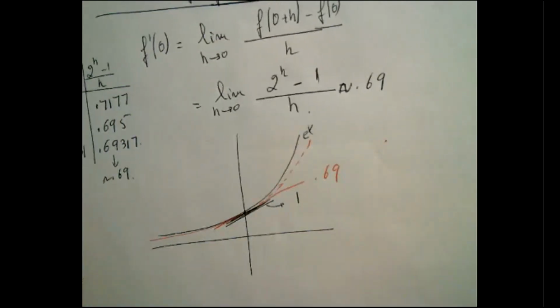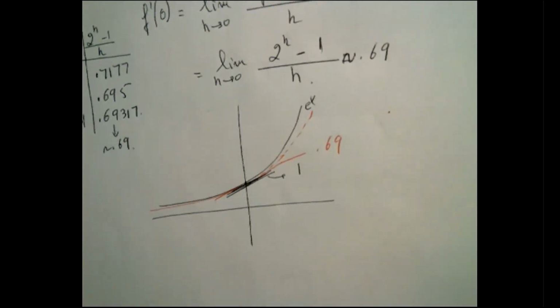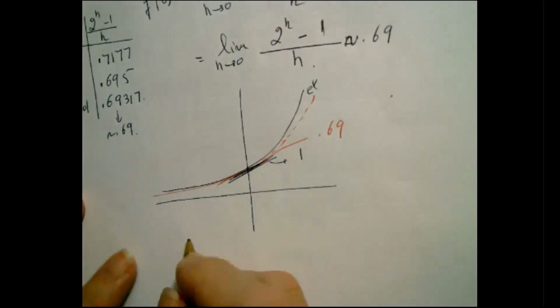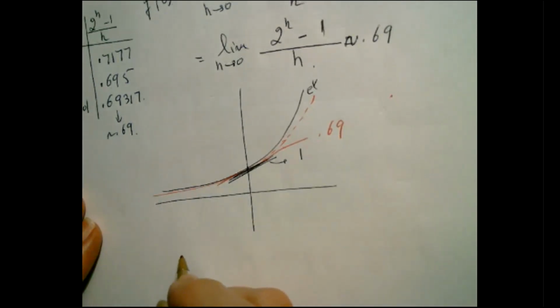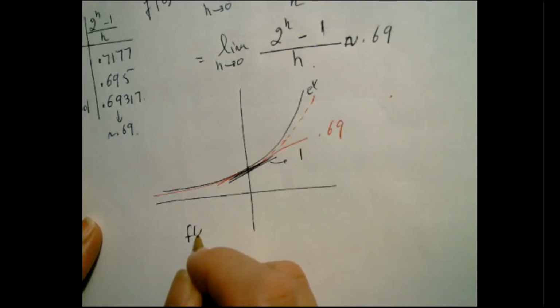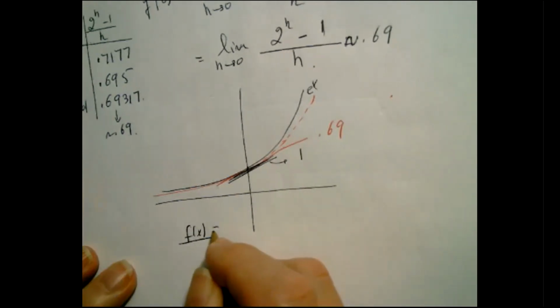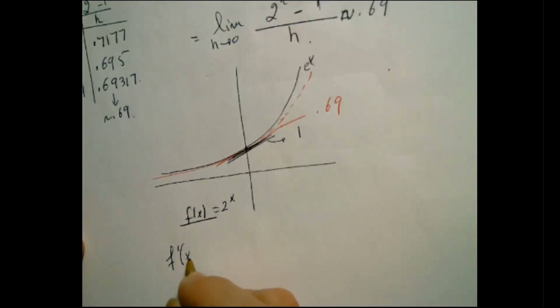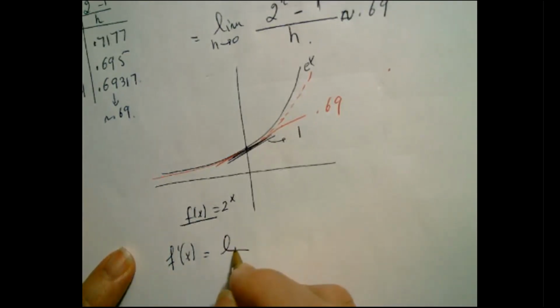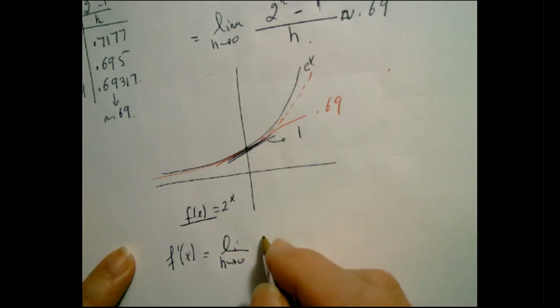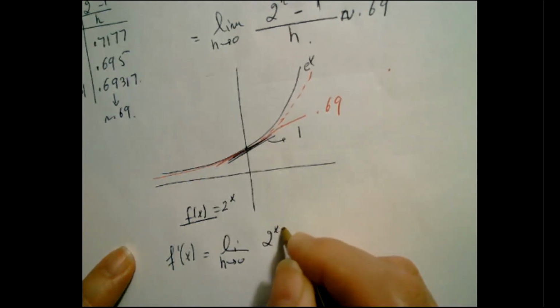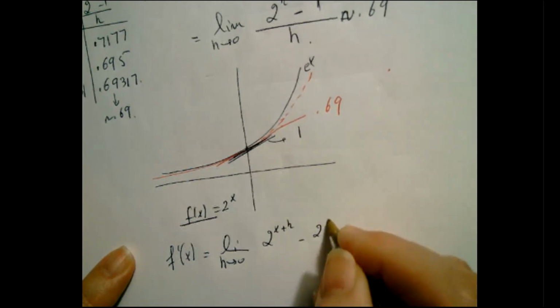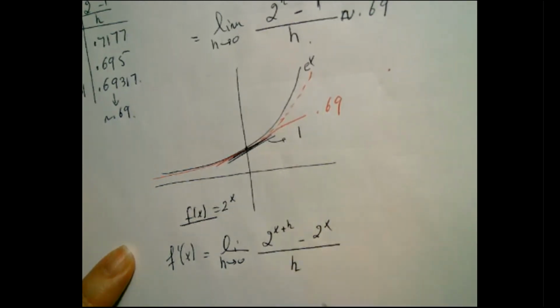So the derivative is going to be, now if I repeat the process I did a minute ago, so if I have the function f of x equal 2 to the x, and I repeat the process to find the derivative of it, I will get the limit as h goes to 0 of 2 to the x plus h minus 2 to the x over h.